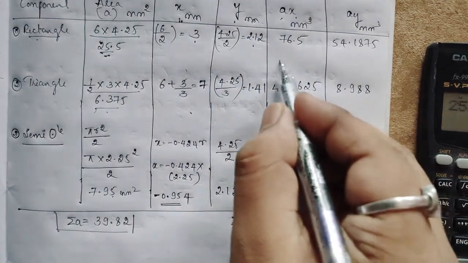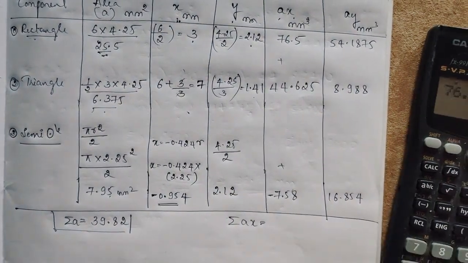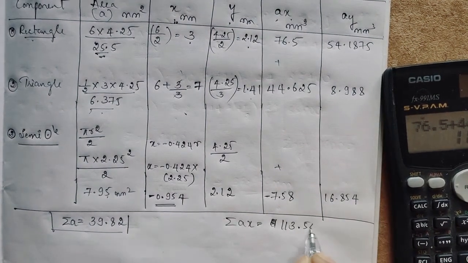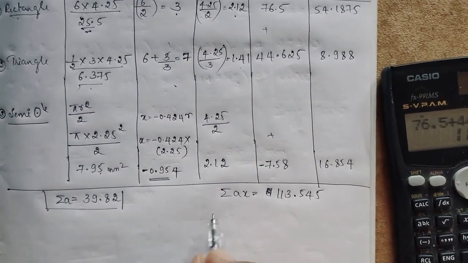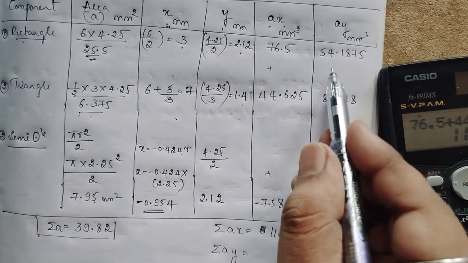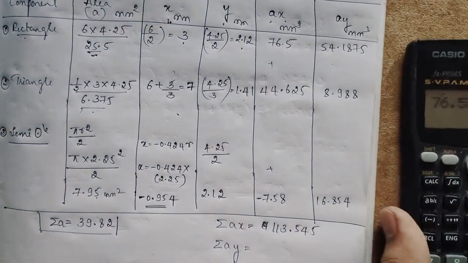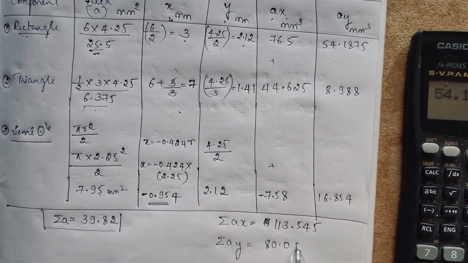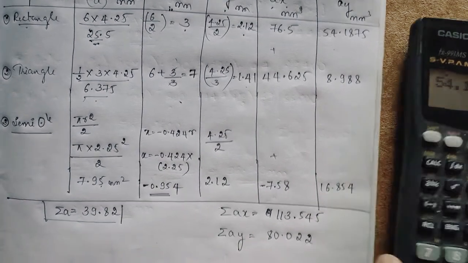I'll add this column, and the value will be 113.545 as the summation of ax. Now summation of ay, moment of area in y direction: you add the values in this column, it will be 80.022.